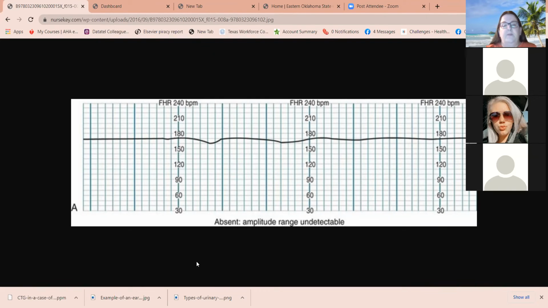What is the fetal heart rate baseline? 170. Do we have any variability? So absent variability.